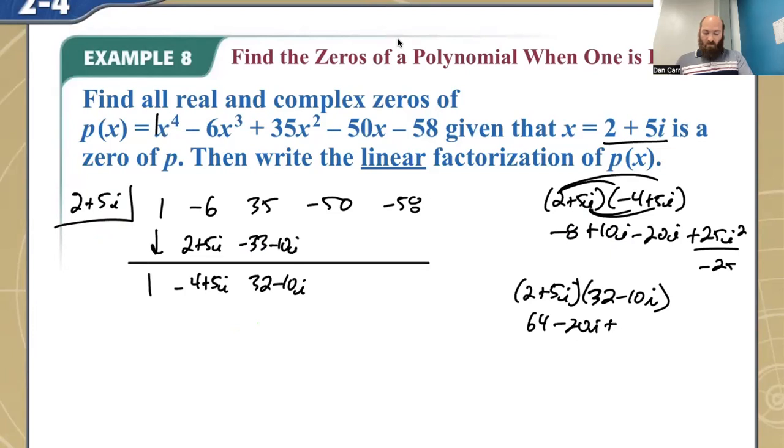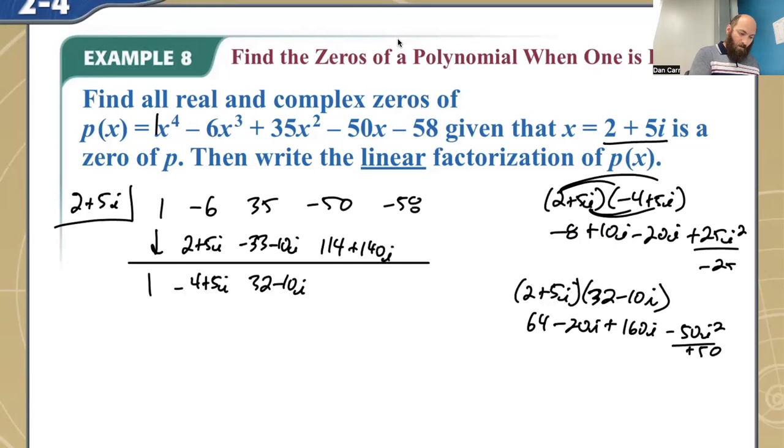Okay, we'll distribute that. We got 64 minus 20i. So 32 times 5 there will be a positive 160i, and then -50i squared. So again, that turns into a positive 50 from the i squared. So this will turn into 64 plus 50 is 114, plus 140i.